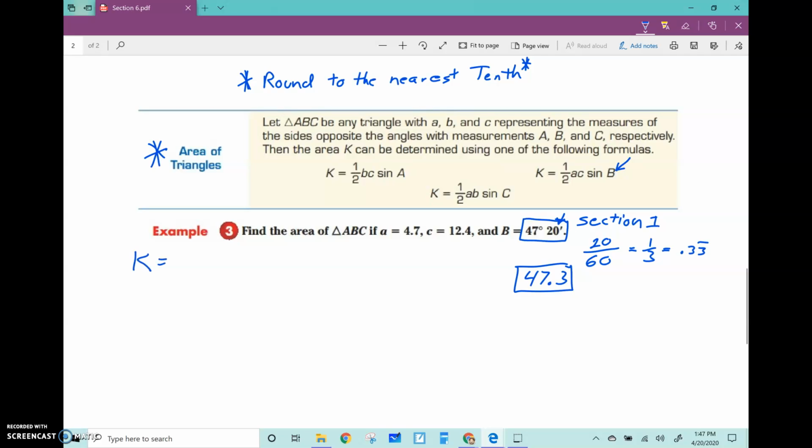So K equals 1/2. If you want to use 0.5 in your calculator, you can. Times AC. So 1/2 times A, which is 4.7, times C, which is 12.4. And then sine of angle B, which is 47.3.